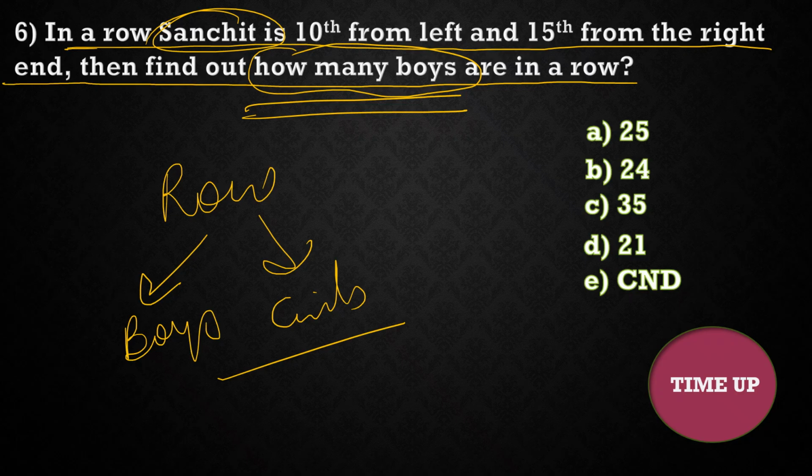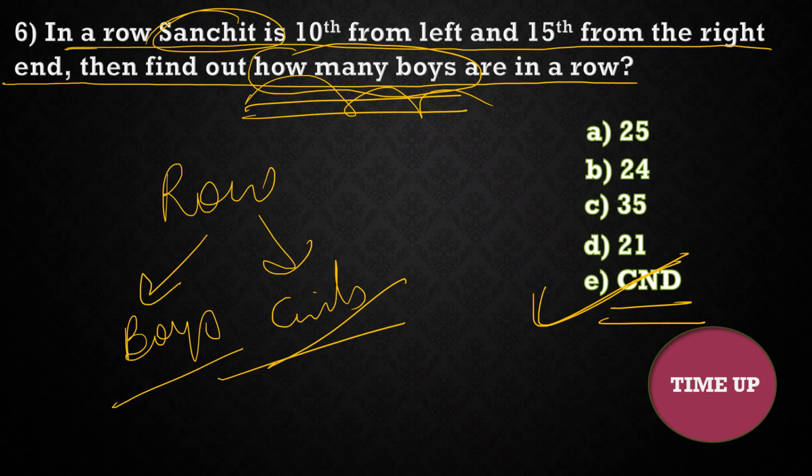So how can we know how many boys are there in a row? We can't find out. So the correct answer for this will be C and D, that is, can't be determined. That's why I tell you to read the question and then solve it.